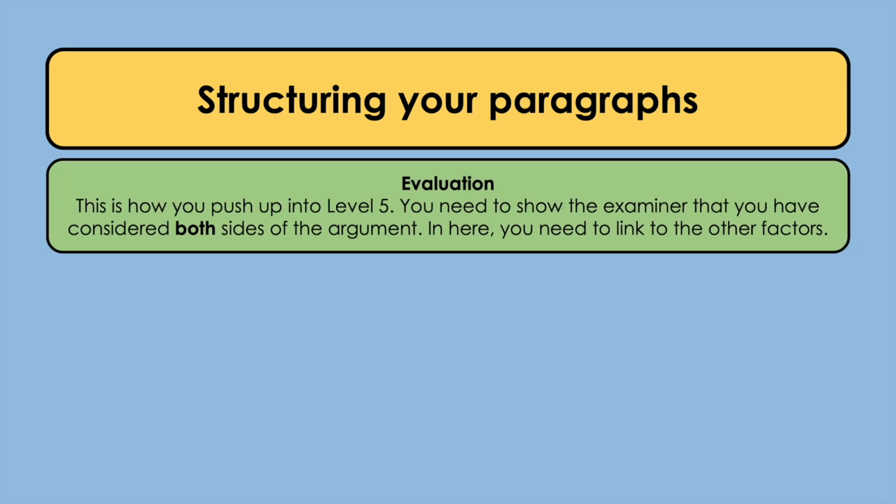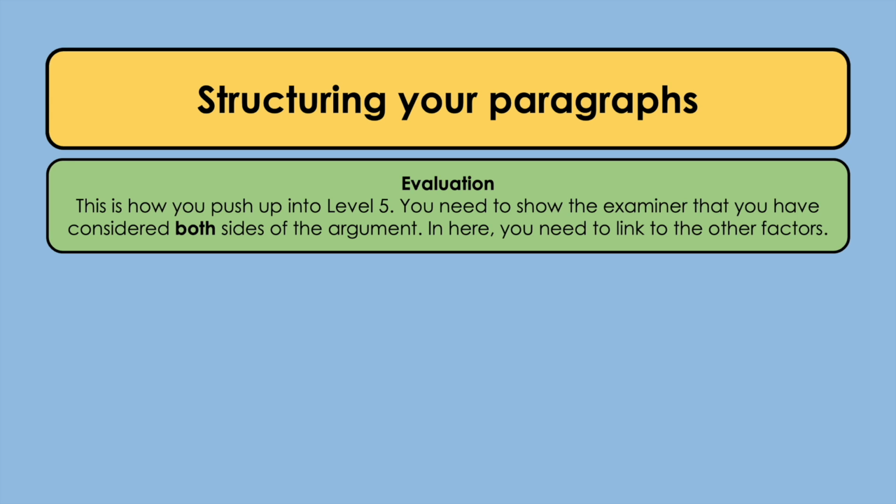Now, PEE that we've just discussed there, your point, explain and your evidence, is part of quote-unquote normal PEEL. Where the third E comes in is your evaluation, and this is how you push up into level 5 on the mark scheme. No evaluation is going to limit your marks. We need to be able to see the alternative side.